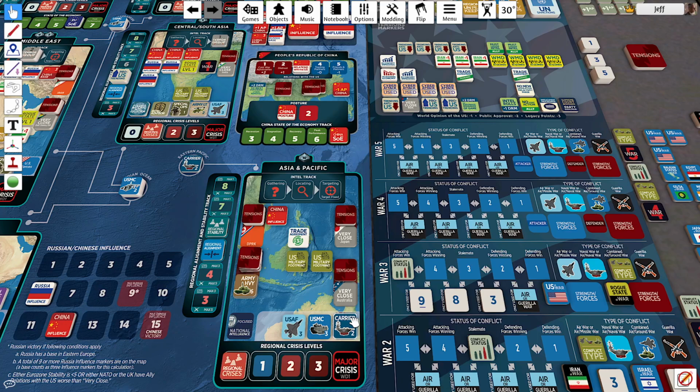You may immediately move up to 2 units from the Wars region home to the U.S. Forces box or to another region. And move any conflict track back to 2, which isn't going to happen in this case.